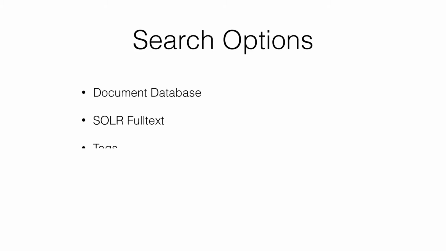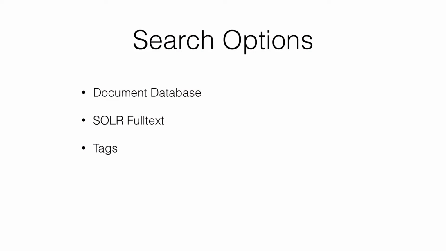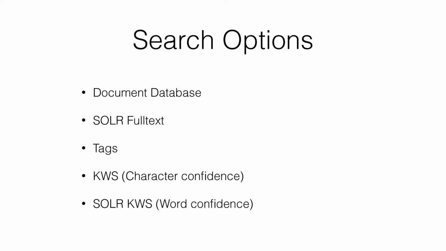Then we added the functionality to add tags to transcriptions, so tag, for example, a person. And for that, of course, we also added a search capability. Most recently, we added keyword spotting tools, which actually started out as a character level tool. And finally, we have something called Solr keyword spotting, which is what you can actually see today working.